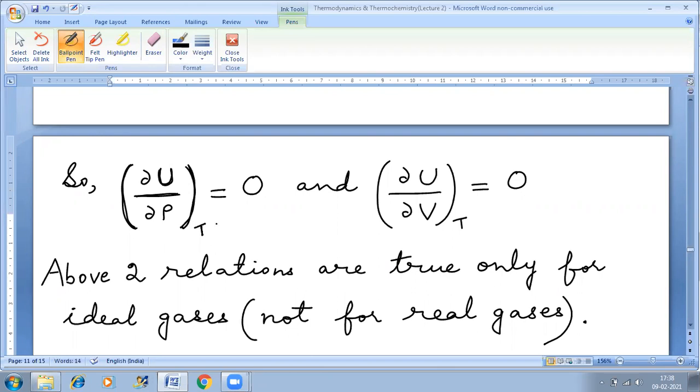So if temperature is constant and I measure the change in internal energy with respect to change in pressure, there is no change observed, and so I wrote is equal to 0. Why is it equal to 0? Because the internal energy depends only on temperature. Since temperature has been kept constant, the internal energy will also remain constant. So even if you change the pressure, the internal energy will not change because the temperature is constant.